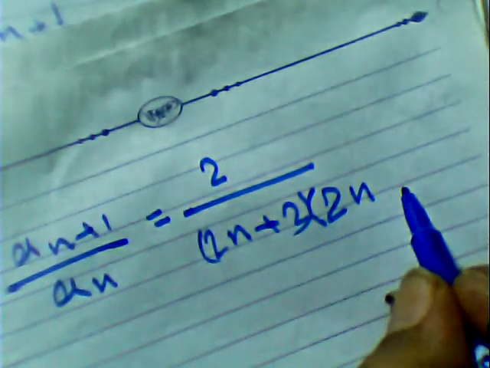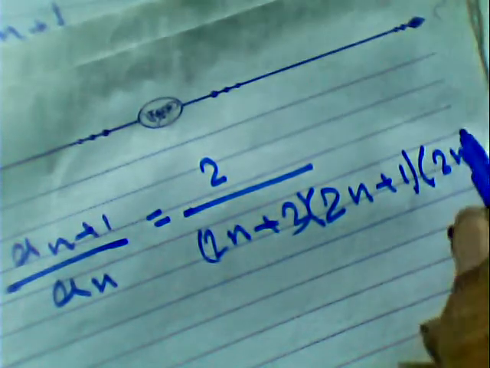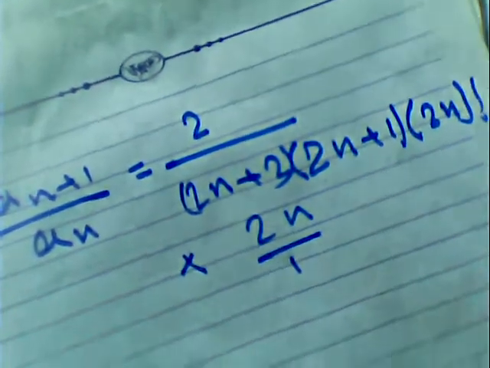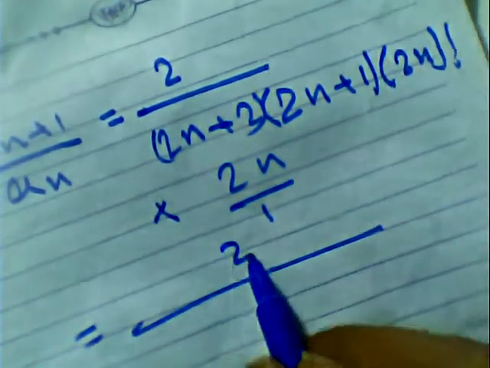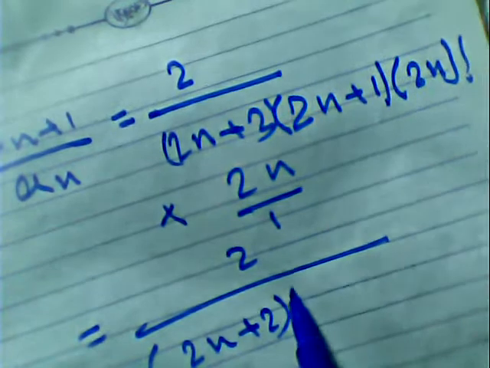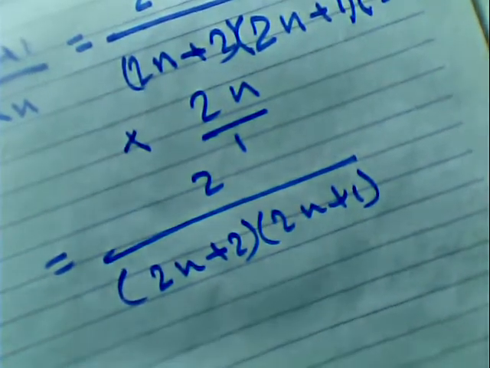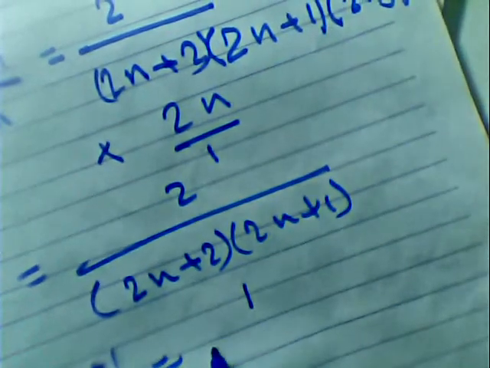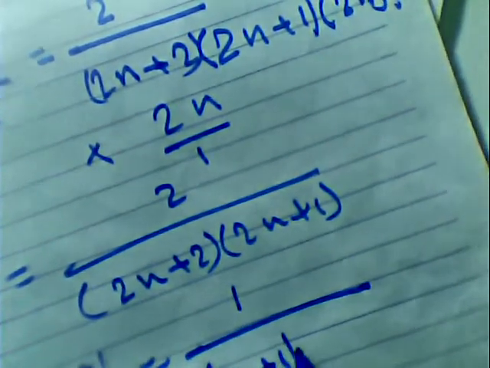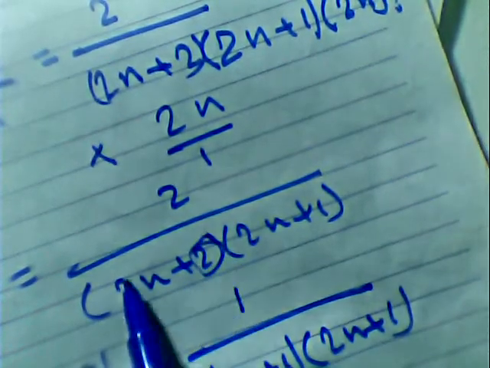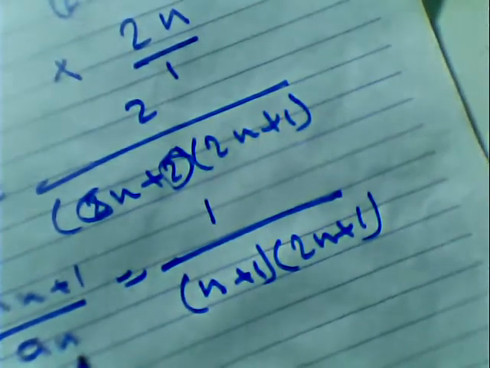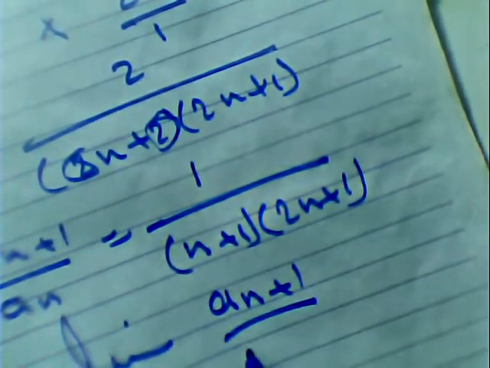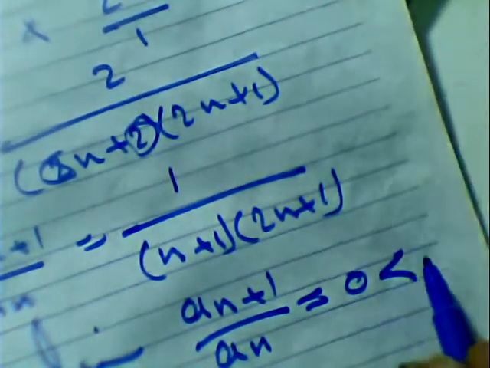Then a n plus 1 over a n equals 1 over n plus 1 times 2n plus 1. We can solve this. Then the limit as n goes to infinity of a n plus 1 over a n equals 0, and 0 is less than 1.